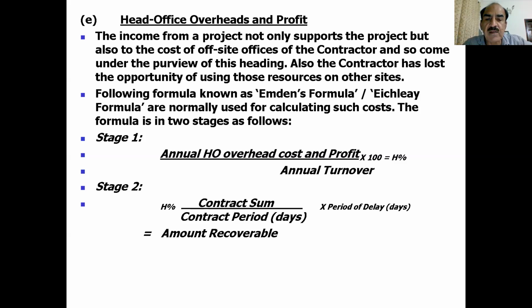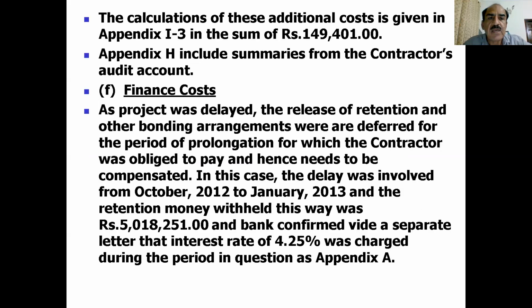Then we take the contract sum and the contract period, multiplied by the period of delay. In this way, we determine the amount which is recoverable on the grounds of overhead cost or head office cost. The calculation of these additional costs is given in the next slide, and this becomes something like 149,401, and the summary of these is given in the last slide.